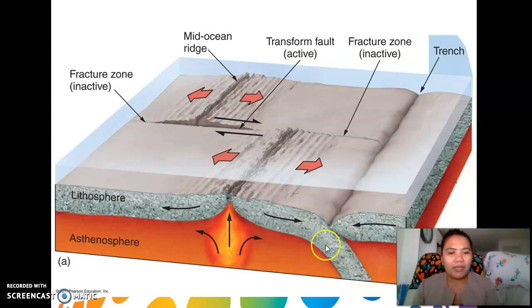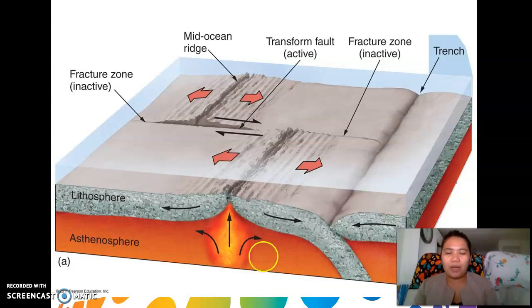Now, on this part, some portions of the oceanic crust in this region are totally destroyed and go back to the Earth's interior. It becomes part of the magma because it is so hot that it melts.